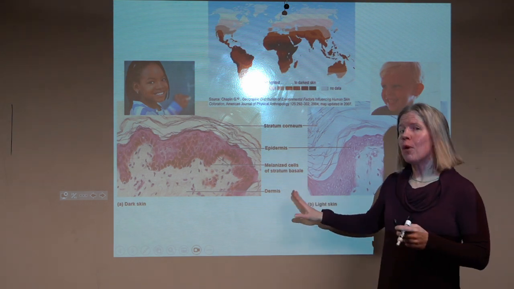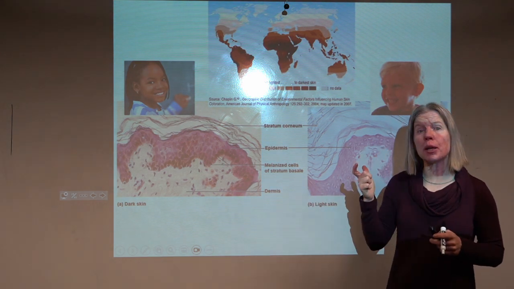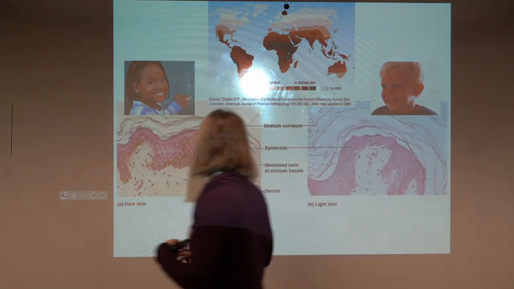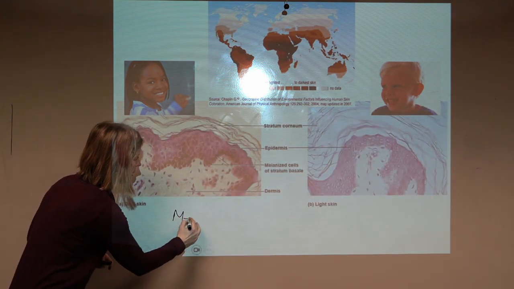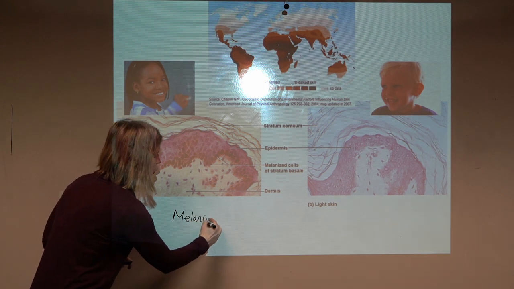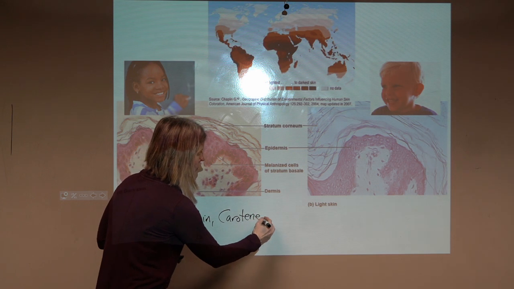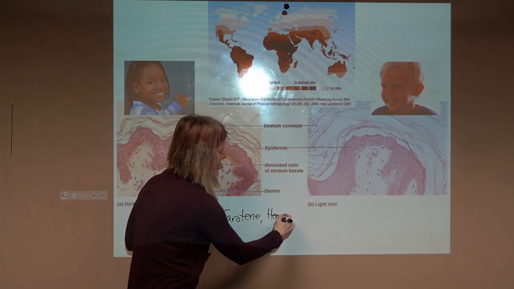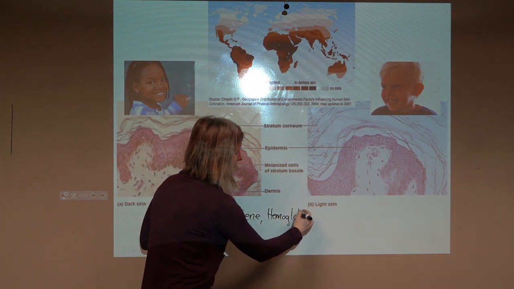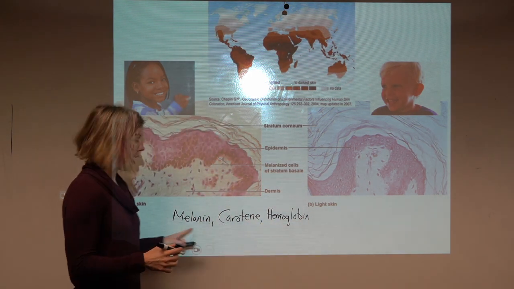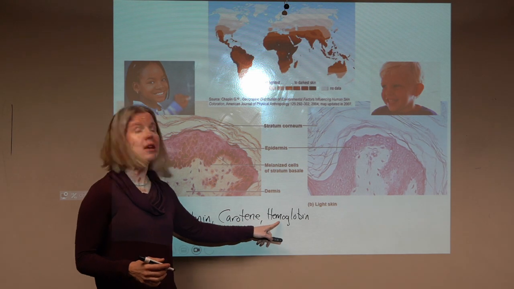Okay, a moment to talk about skin pigmentation. We talked a little bit about melanin as one of our pigments here, but we have two other pigments, keratin and really hemoglobin acts as a skin pigment as well, particularly if you don't have much of these two pigments.